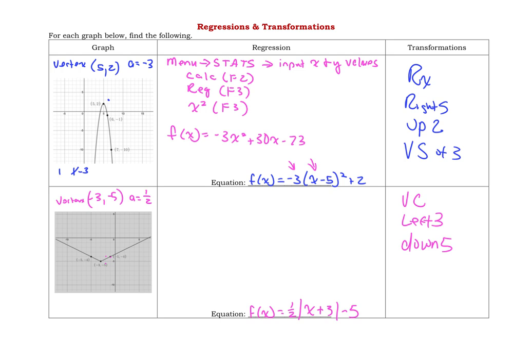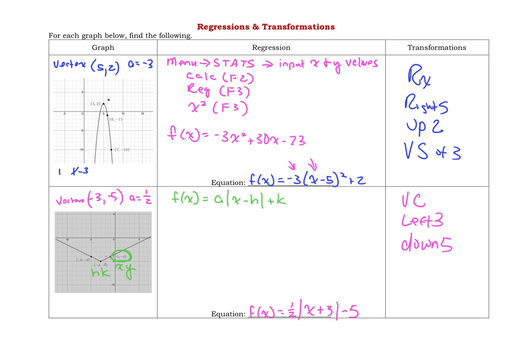You need to use an x and a y, and I'm going to use this point as my x and y, and this is my h, k. So the transformed equation is f of x equals a absolute value of x minus h, plus k.